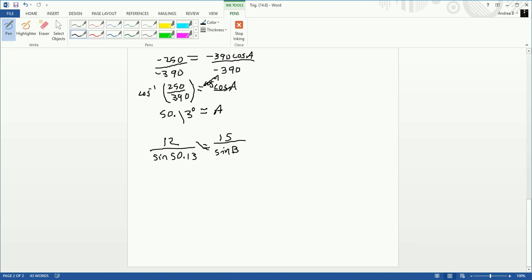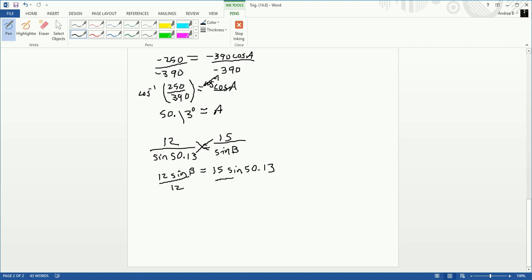Just like we did in number 1 for the law of sines, we can cross multiply. So we would have 12 times sine of B is equal to 15 times sine of 50.13, and then divide both sides by 12.